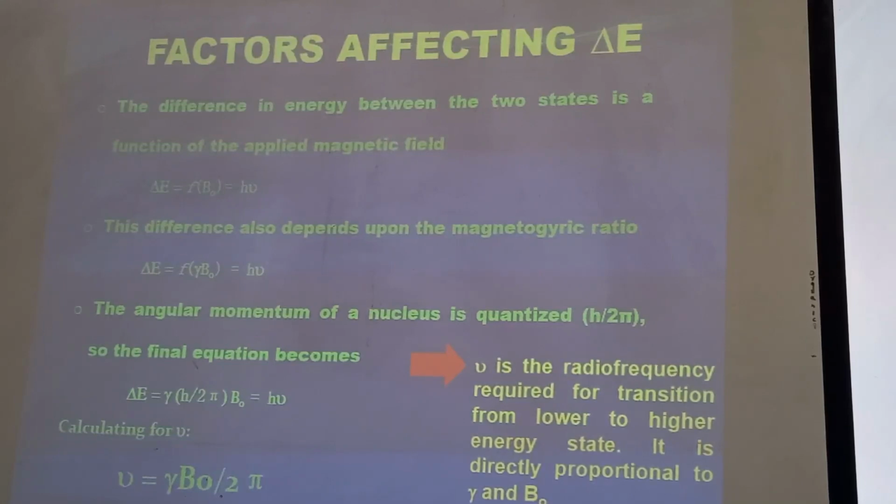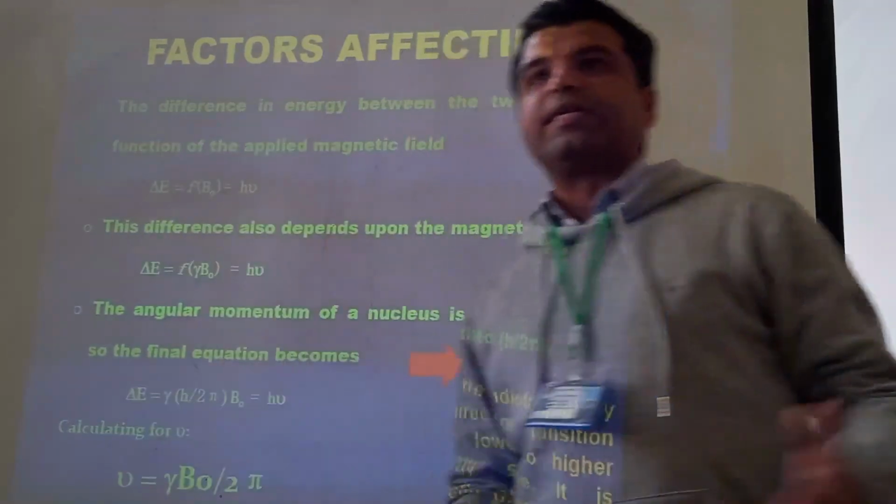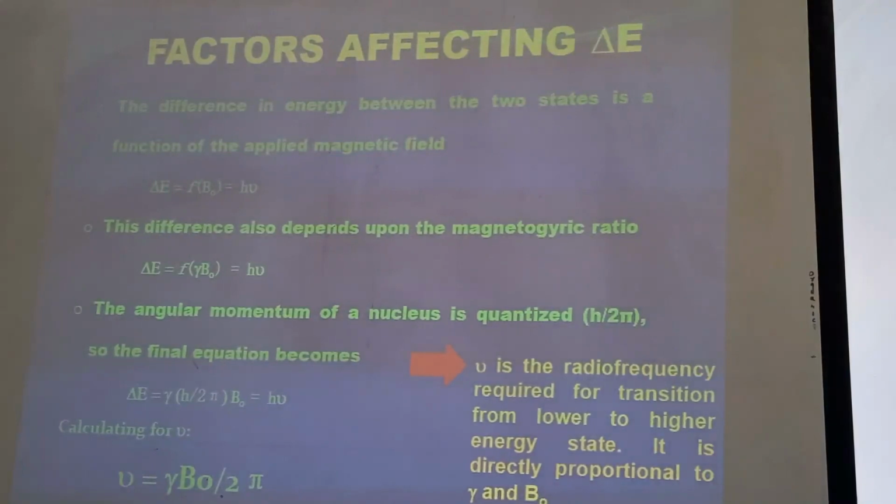Important in what sense? It's important in terms of signal generation. Del E is dependent upon gyromagnetic ratio. That means del E automatically would be higher, and that will directly or indirectly affect the signal intensity as well.